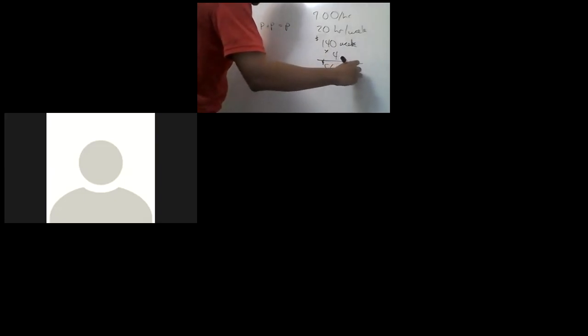And for 4 weeks, that's $560 a month. So $140 every week times 4 is $560. Okay, yeah. All right. So let's say I get about $560 a month from a job.